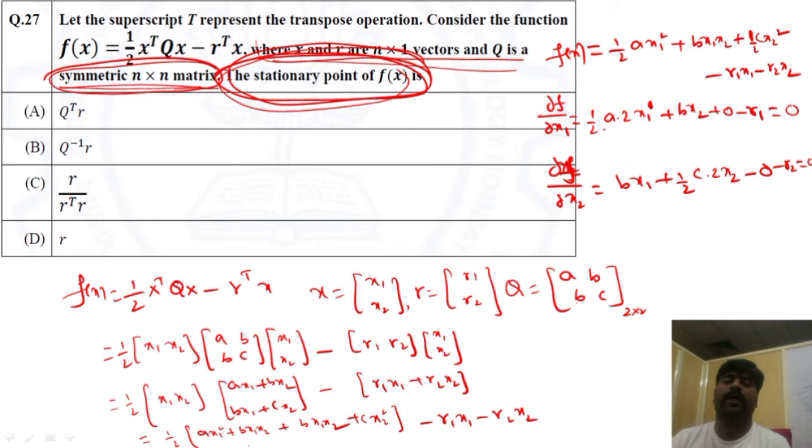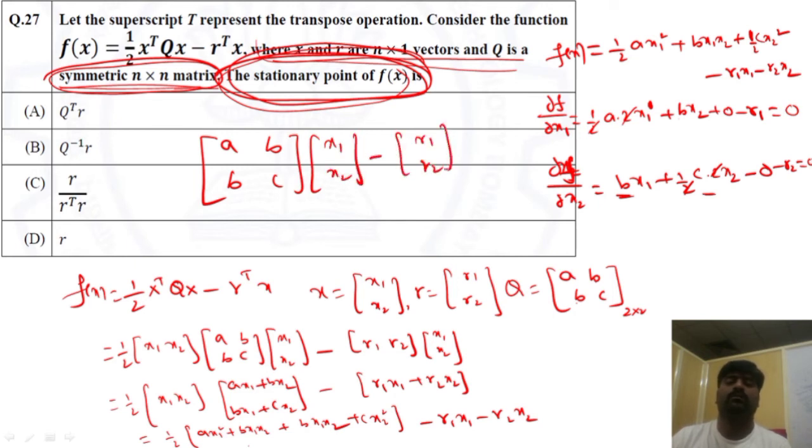So this will be written in matrix form. Here the 2s get cancelled. So this is a and this is b, and this is b and this is c, times x1, x2, minus r1, r2, equal to 0.